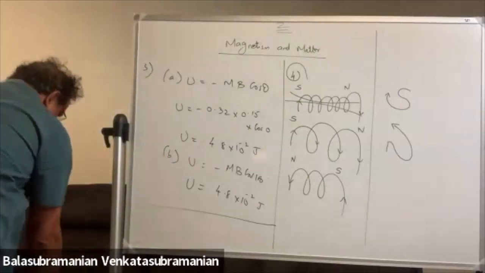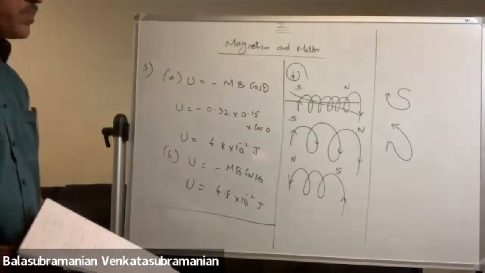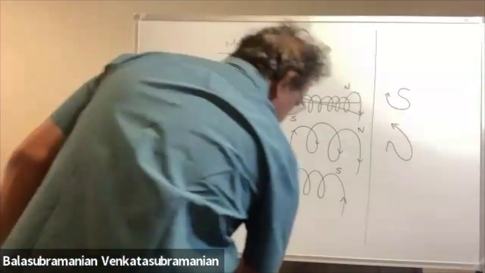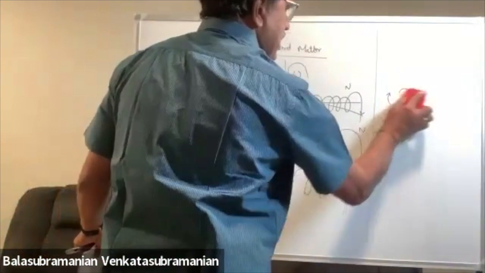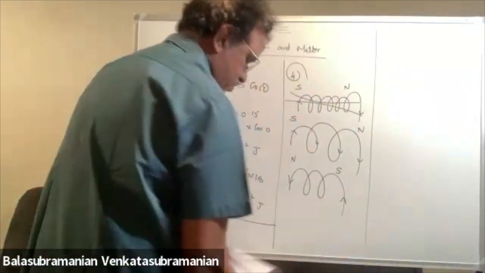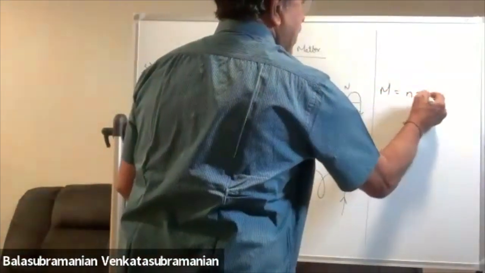Second question, you're asked to calculate the magnetic moment. M is equal to NIA. Capital M is equal to NIA.